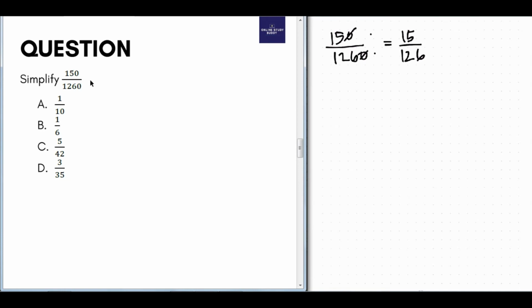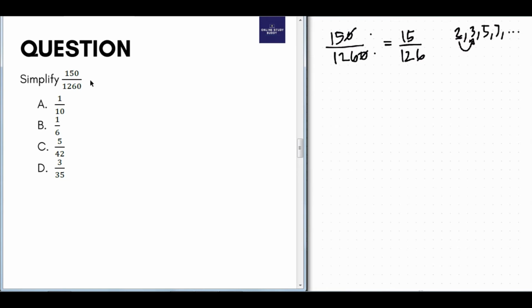Recall, sa prime factorization, in-express natin yung number sa prime factors niya. Remember, yung prime numbers natin, we have 2, 3, 5, 7, and so on. So, i-divide muna natin siya sa 2. Tapos, if hindi na siya divisible by 2, proceed tayo sa next na mas malaking prime number, which is 3.